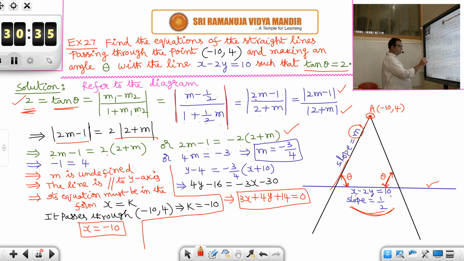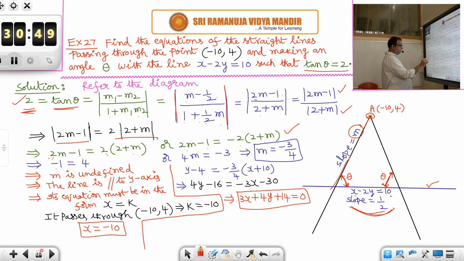So in the first, this point is very, very important. All the students, please note here. Here m is getting cancelled out. 2m - 1 = 4 + 2m.